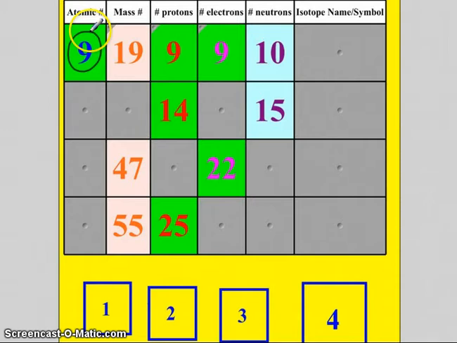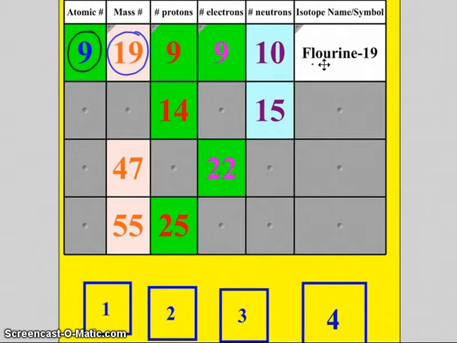Just like you have a first and last name, I need to have a first and last name for my isotope. So its first name is fluorine, its second name is its mass number. So the name of this atom is fluorine 19. Okay, so our isotope name is always going to be the name of the element followed by the mass number.